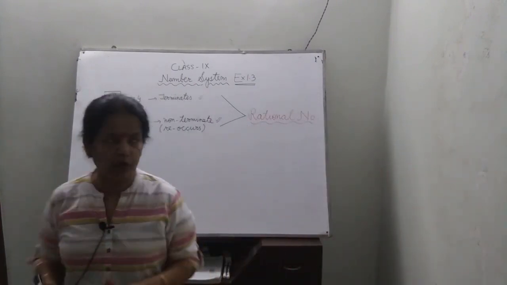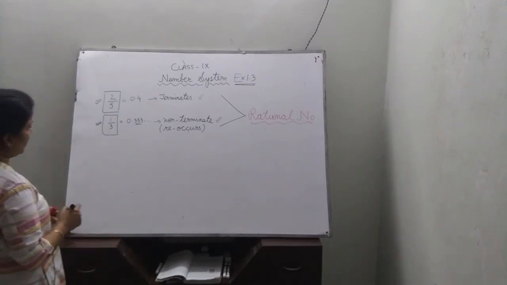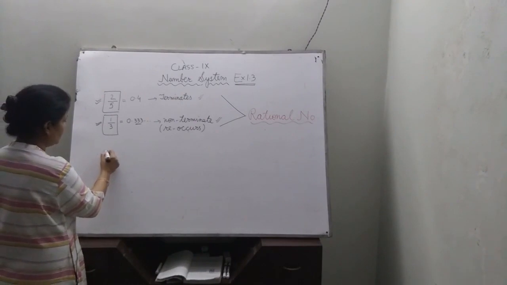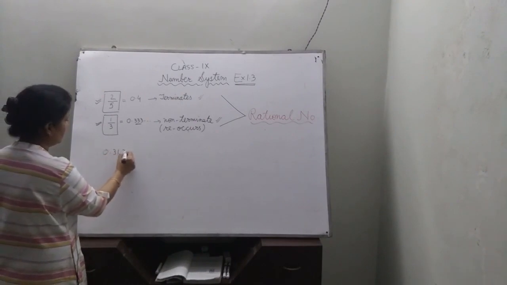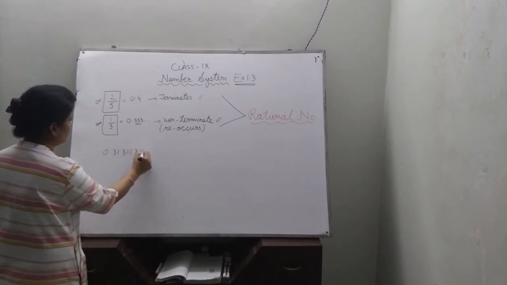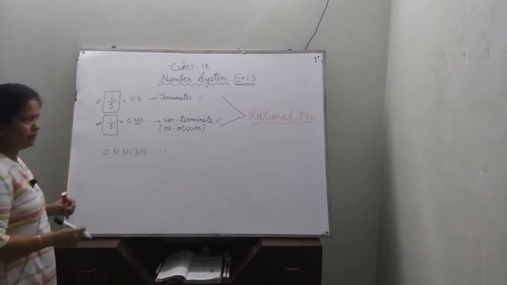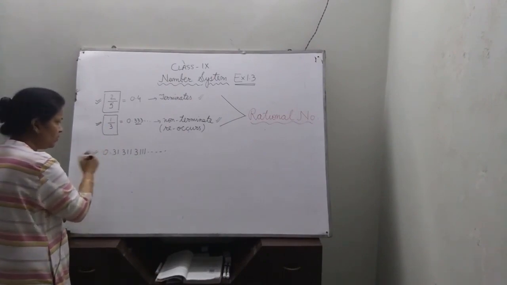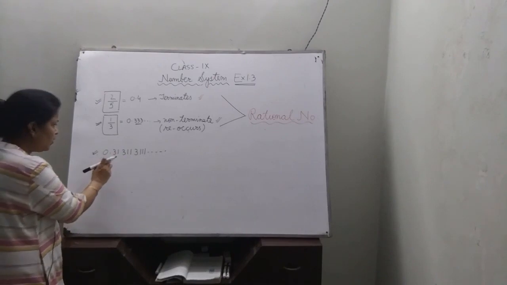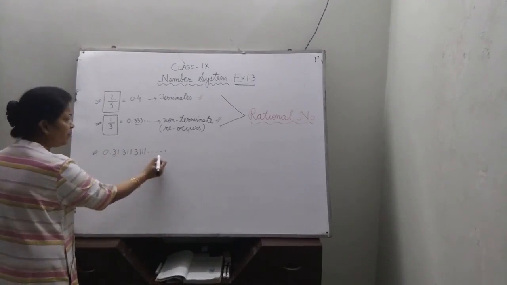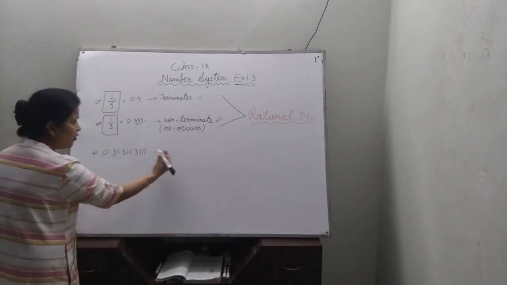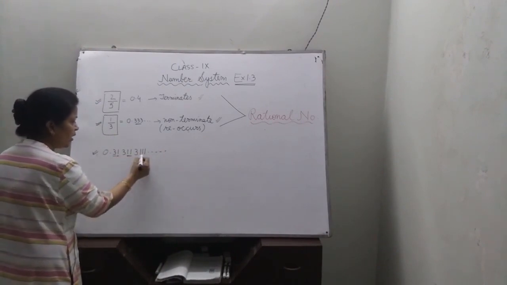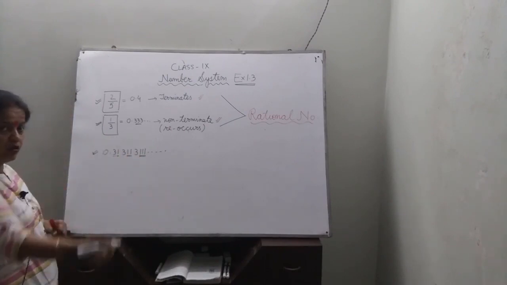Now I will take one more example. Suppose that the number is like this. What result will you get? What do you observe here? In this, the decimal expansion is not repeating, but it goes on increasing. देखिए यहाँ पे एक बार 1 आया है, then 1 is coming 2 times, 1 is coming 3 times, and it goes on.